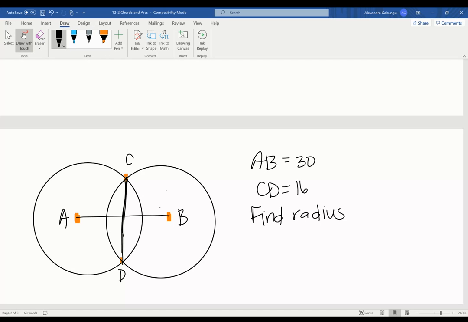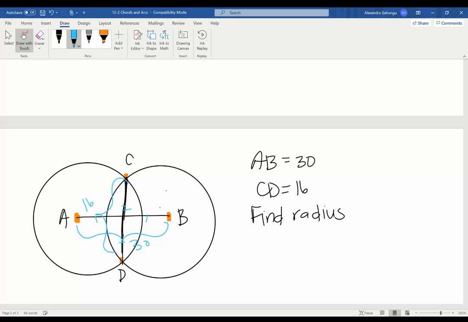So what you're going to need to note are these lengths that they gave us. AB is 30. So if I'm going all the way across, AB is 30. And then CD is 16. These are going to actually bisect each other here.